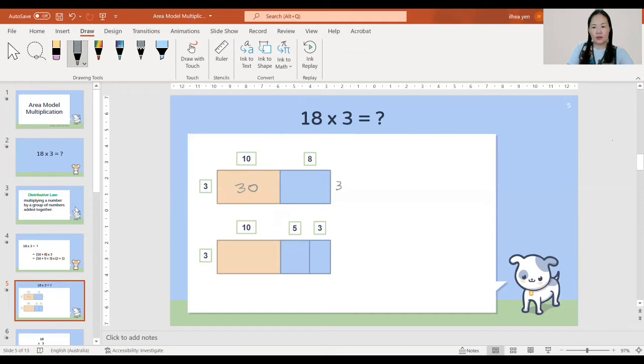So length times width, 8 times 3, 24. My total area is 30 plus 24, which will give me 54. Now that'll be a lot easier than doing 18 times 3 straight away, wouldn't it?